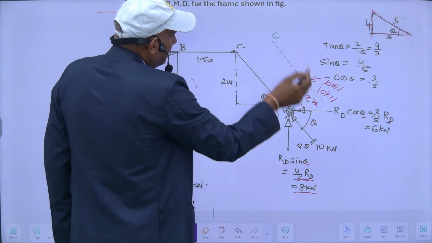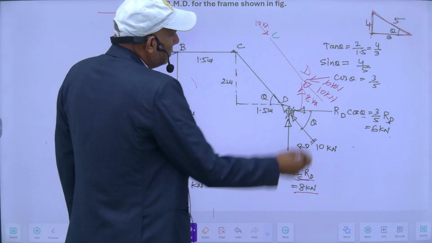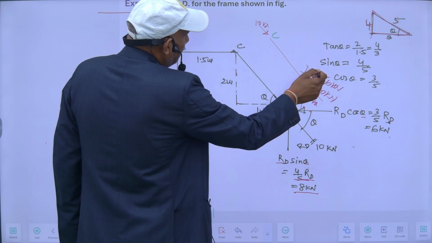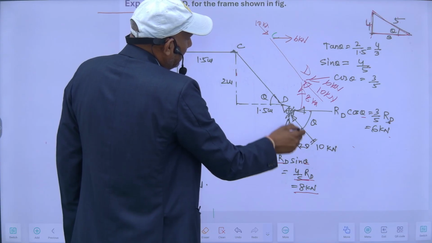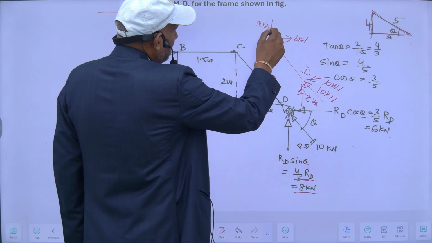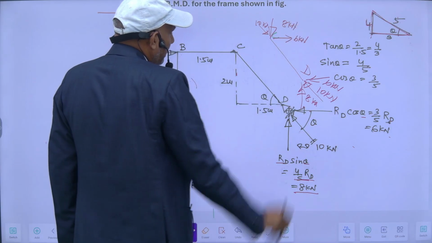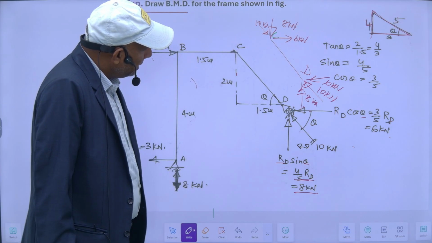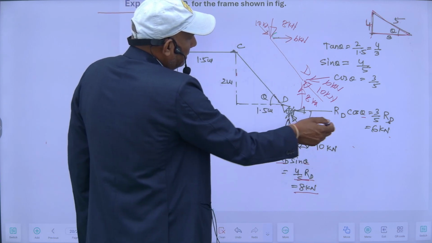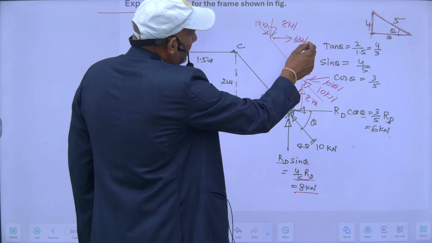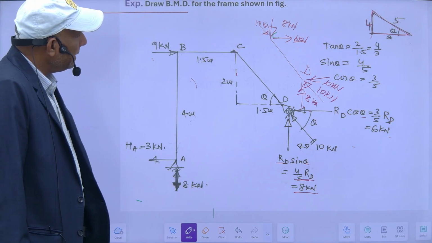Suppose this is C. So this is 10 kilonewton, and it will act here in the opposite direction. 6 kilonewton will act like this. And this RD is upward, so obviously it will be downward, 8 kilonewton. And this is towards left, so this must be towards right. So this is the free body diagram of CD.